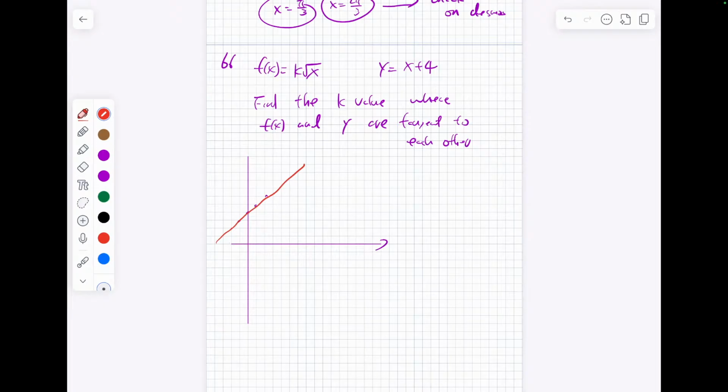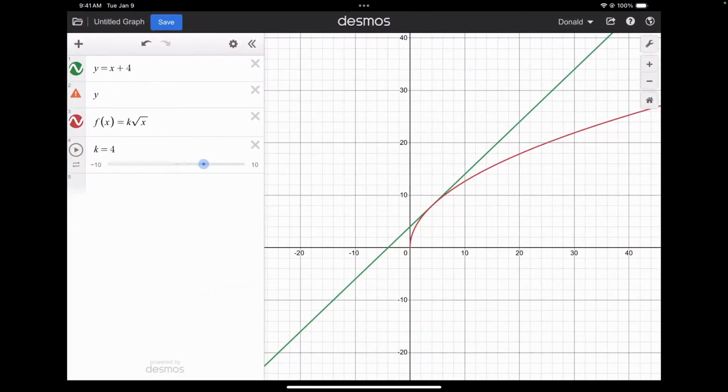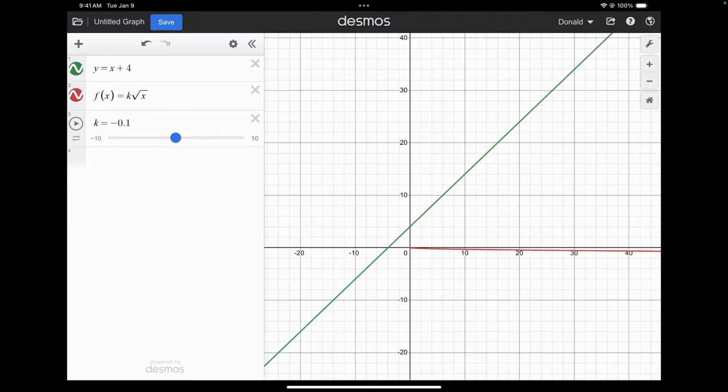You don't have to draw this graph because I want you to do it mathematically. The k times square root x usually looks like this, but the k is going to influence the curve. It's going to go higher or lower. So what it's saying is it looks like this. Do you see this k?